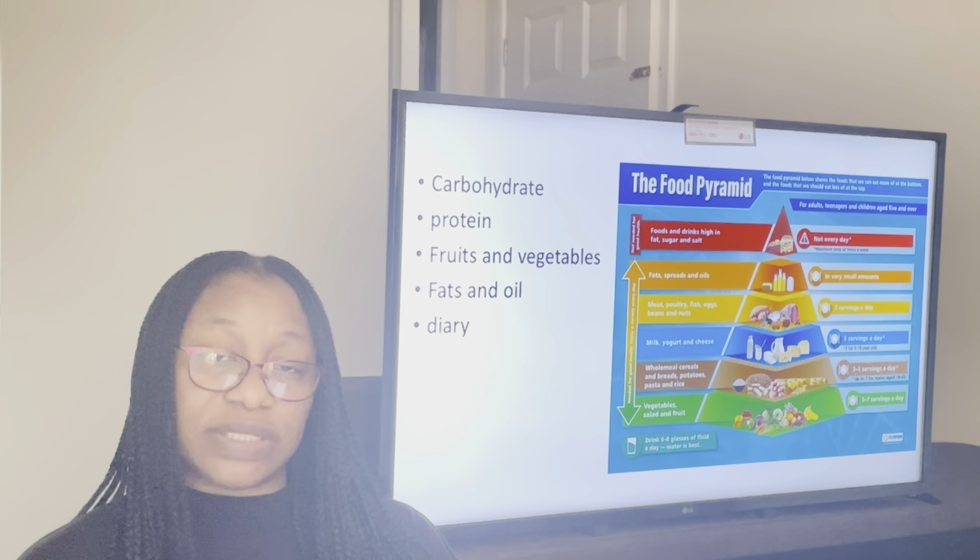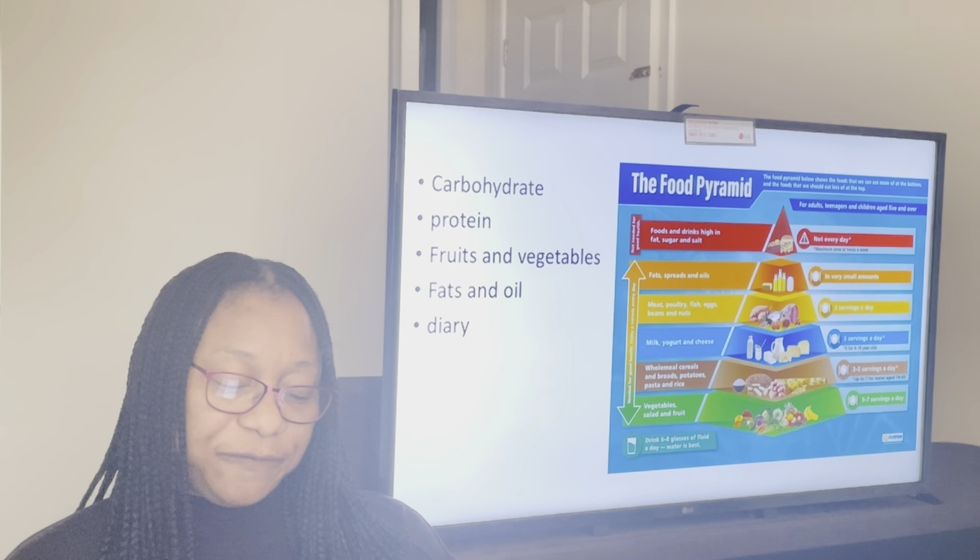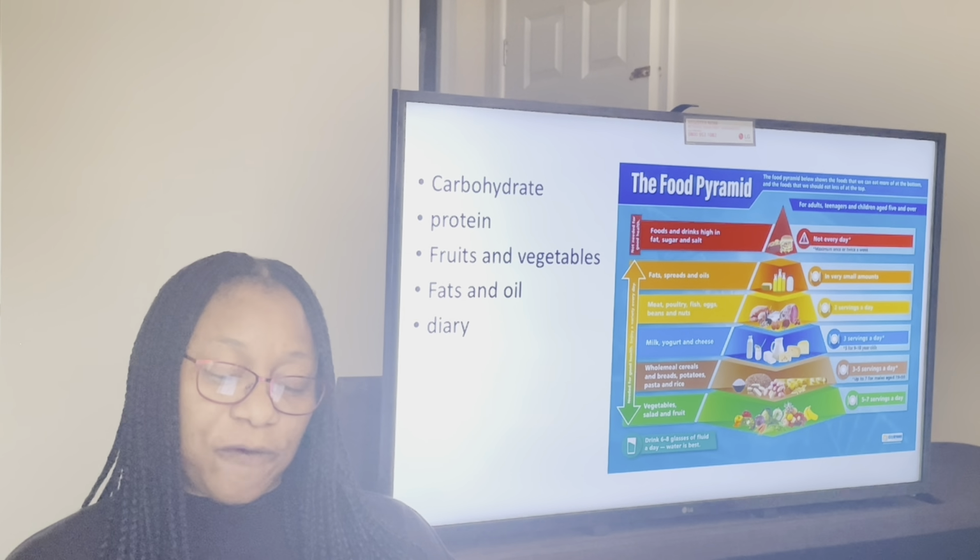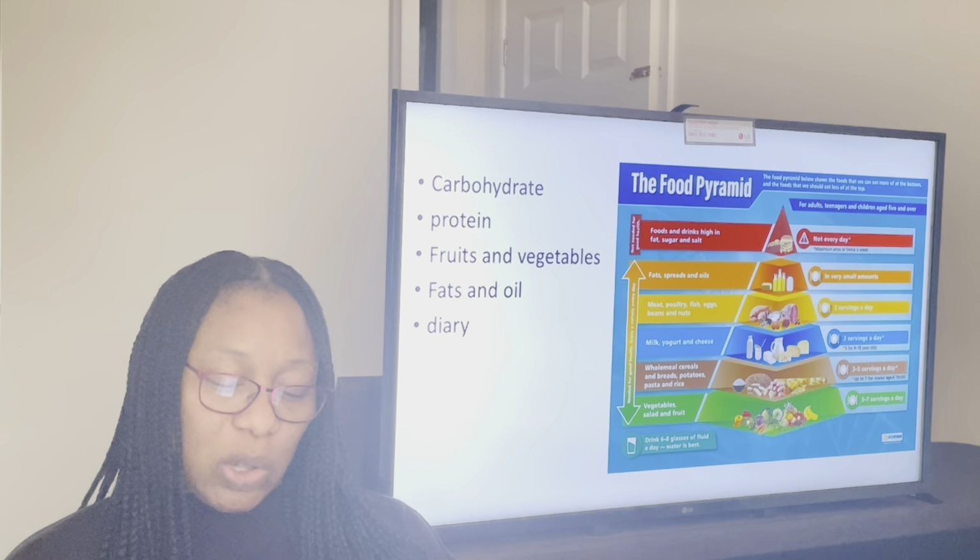Towards the top of the pyramid is group 1, meat, fish, and alternatives, and group 4, dairy and alternatives. These are sources of protein. Most of the products in group 1 are animal products. However, there are some plant-based protein sources, such as beans and pulses, which also provide dietary fiber.